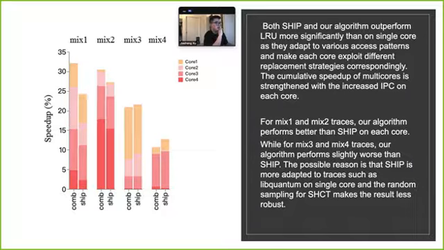But for mix 3 and mix 4, our algorithm is slightly worse than SHiP, because we think the situation occurs due to some reasons. Maybe SHiP is more adapted to the traits, such as libquantum on a single core, and the random sampling for the SHCT makes the results less robust. So that's the reason why we have worse performance than SHiP.